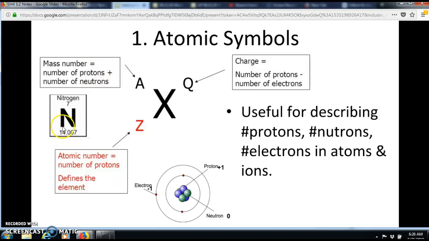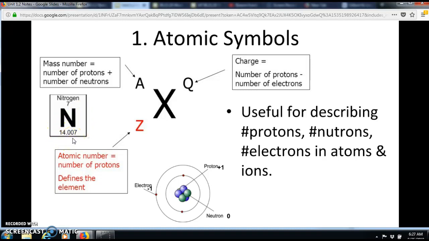This number is called the average atomic mass, and it's the average mass for all the different types of isotopes. So elements all have the same number of protons, but not the same number of neutrons. Therefore, they'll have different masses. And when we average the naturally occurring isotopes in the world, we're going to get some sort of decimal. So that's where this number comes from.